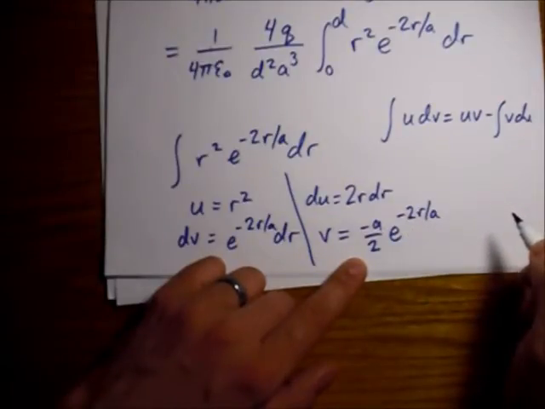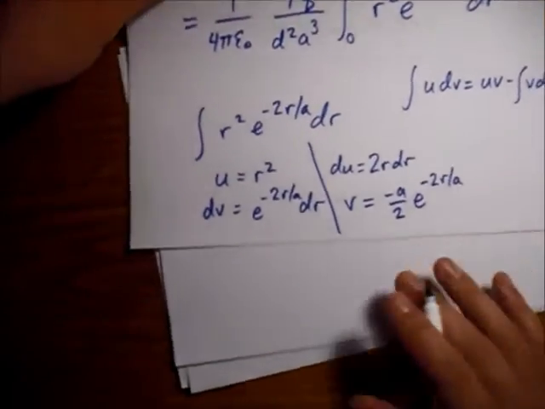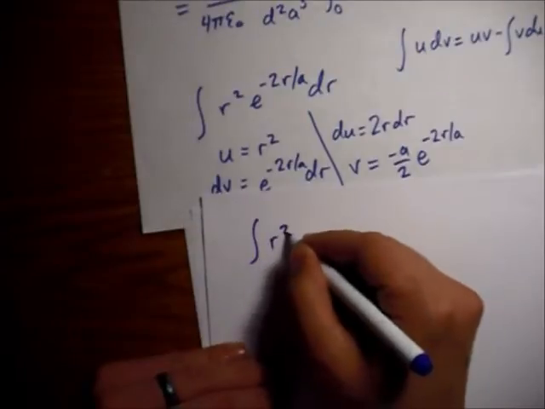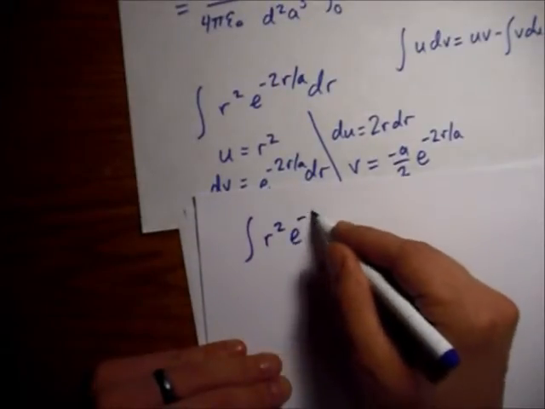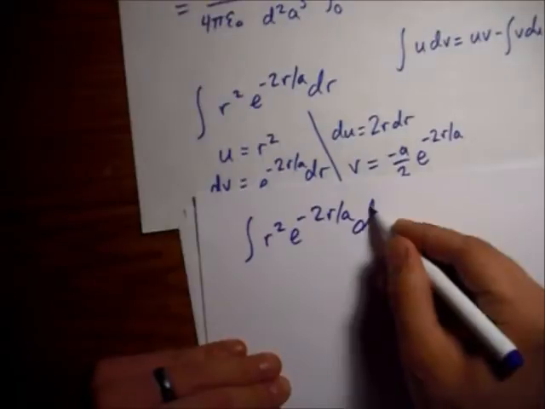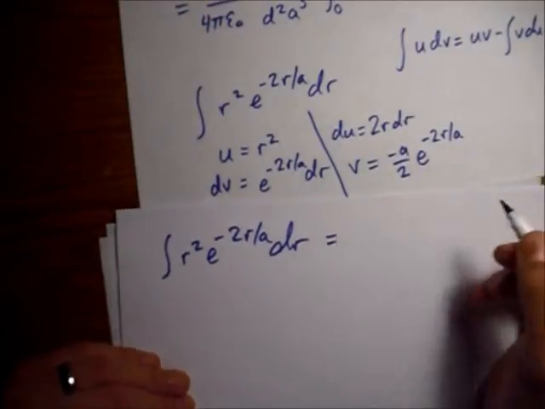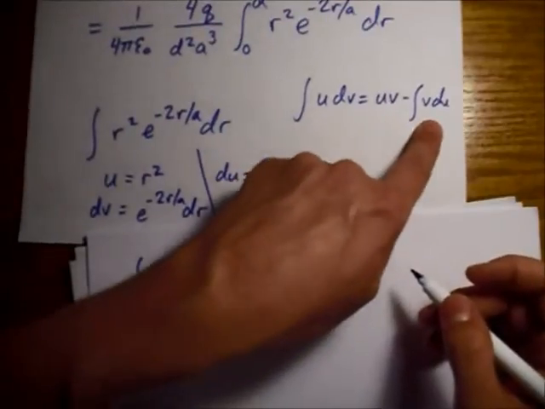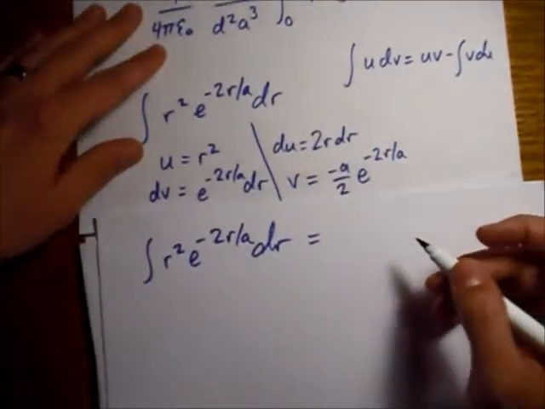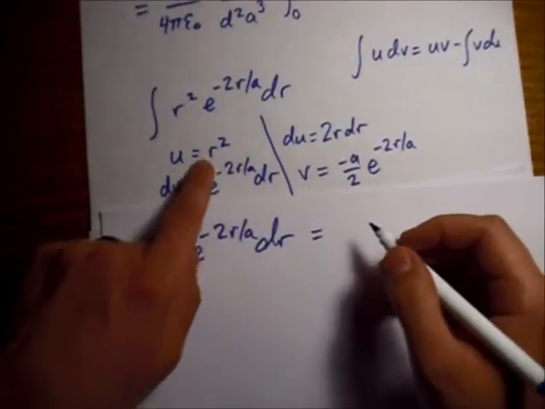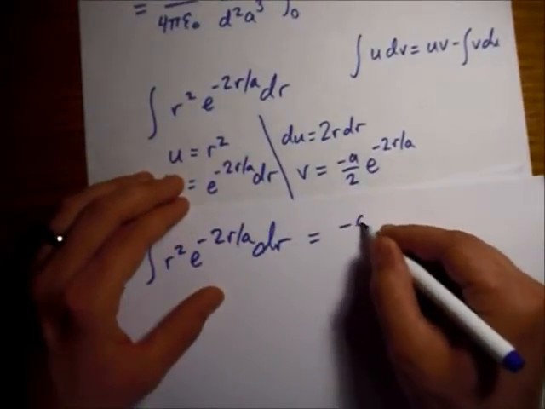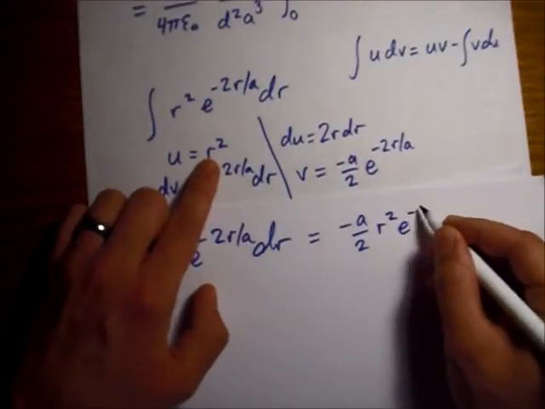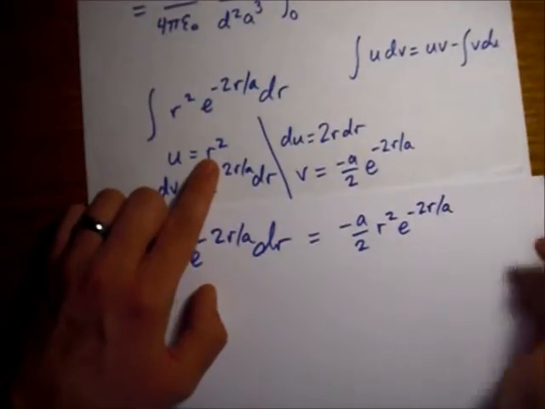Let's keep in mind what we've got here. Here's our r squared e to the minus 2r over a dr, and that's this piece right here. Now we need uv minus integral v du. So uv are these two pieces: minus a over 2, and then we have our r squared e to the minus 2r over a.